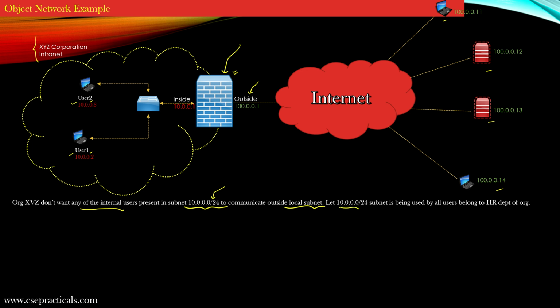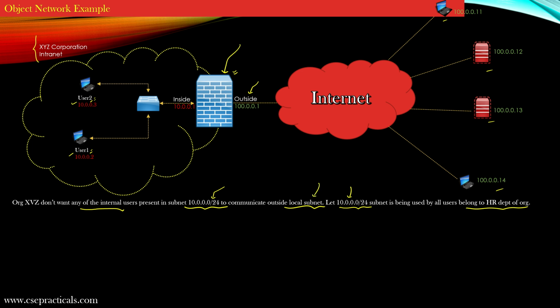So let us say 10.0.0.0/24 is a subnet being used by all the users which belong to the HR department of the organization. User 1 and user 2 are users who are part of the HR department, and the subnet 10.0.0.0/24 is dedicated to the HR department. It is a requirement of XYZ Corporation that it doesn't want any of its users who are members of the HR department to communicate with any users present outside its local subnet.